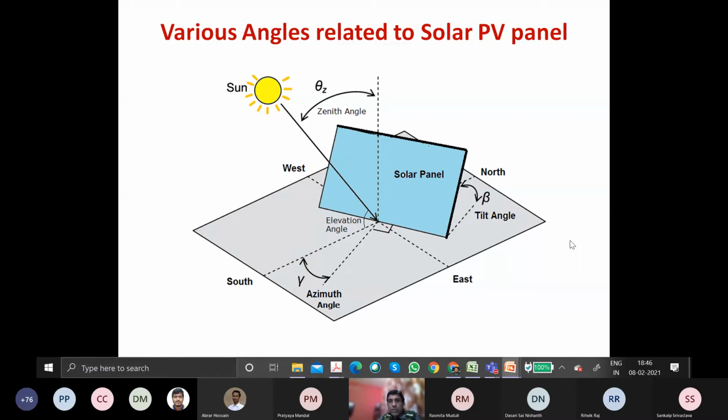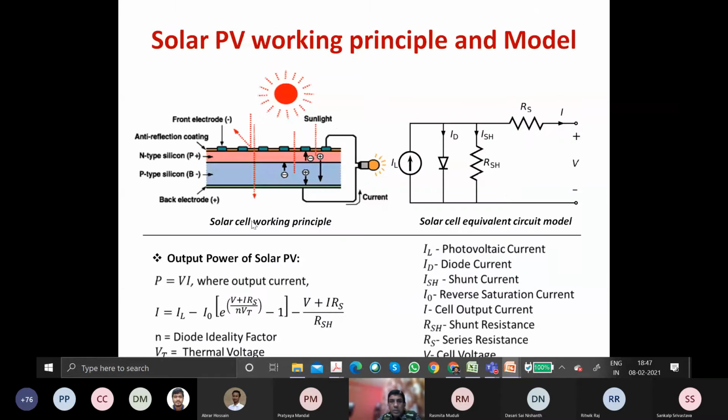Okay, let's move on to the next. This is showing the working principle and electrical equivalent circuit of the solar PV cell. If we talk about a single basic unit, it is a cell. When these cells are interconnected in series, it makes a module; one metal encapsulated panel is called one module.